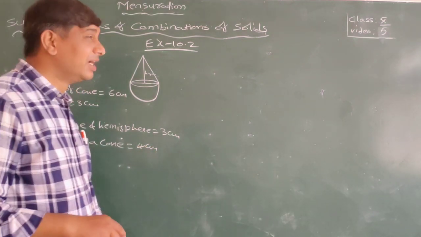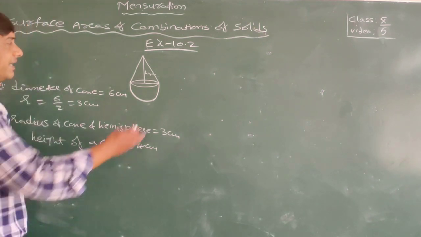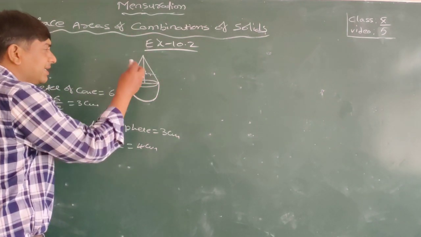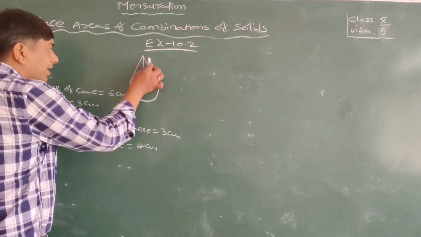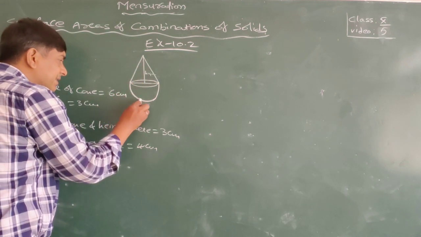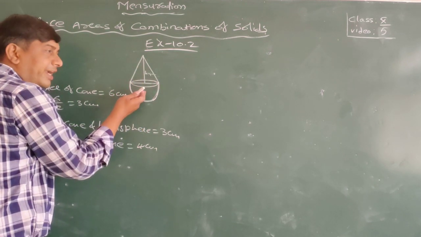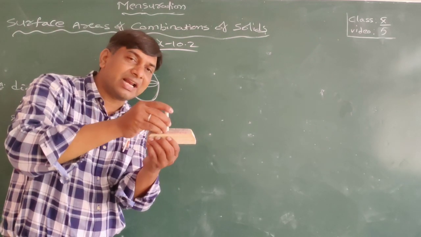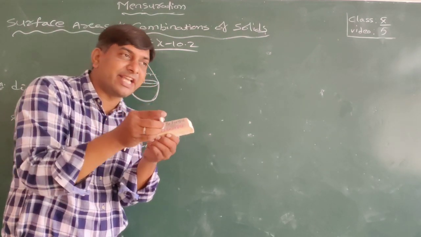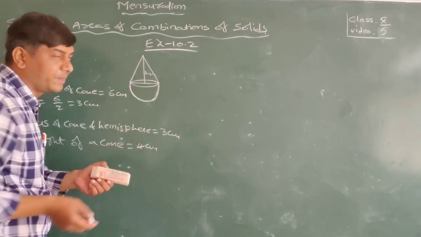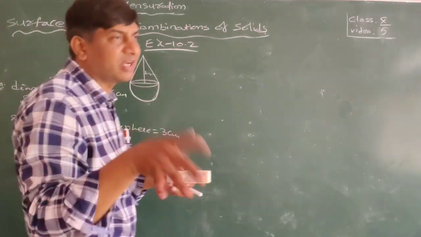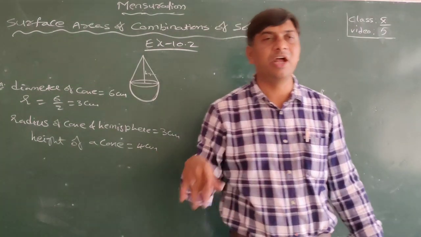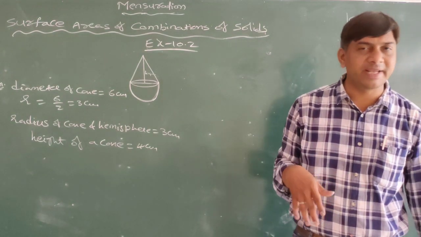Now what did they ask? Determine the surface area of the solid. That means we need to take the CSA. We don't take the TSA because the hemisphere and cone are covered. The common region is shared by the hemisphere and the cone. This is a combination of solids.